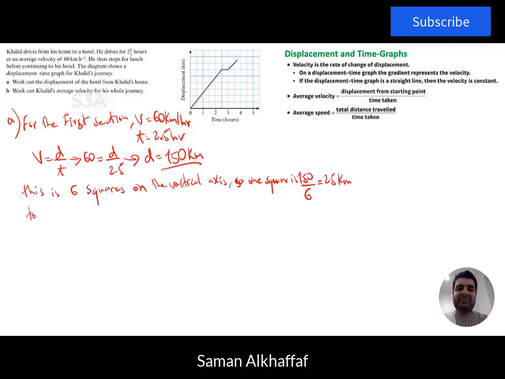The total displacement in this scenario shows as 7.5 squares, so it will be 7.5 multiplied by 25, which is equivalent to 187.5 kilometers.